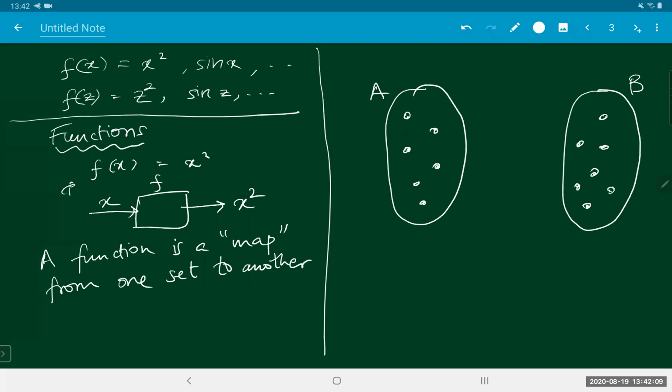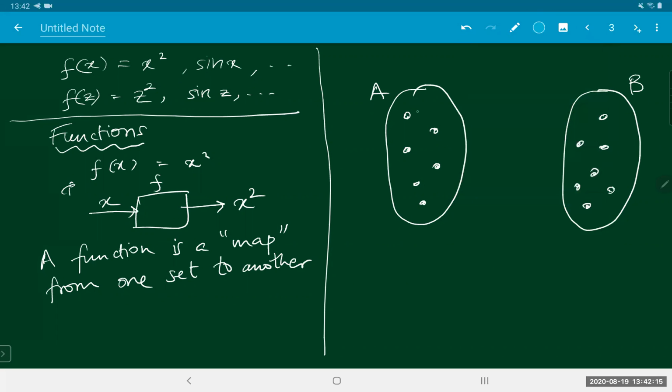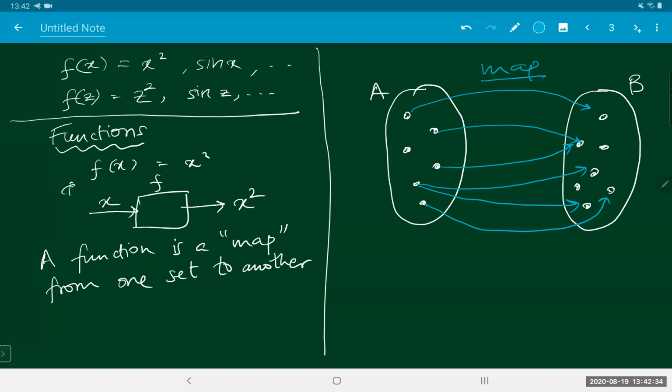A map is just something that takes elements of A and converts them into elements of B. So for example, you might define a map which takes this element to this one, this element to this one, this element to this one. This one might also go to the same one, and so on and so forth. Or this one might go to two of them, and so on.